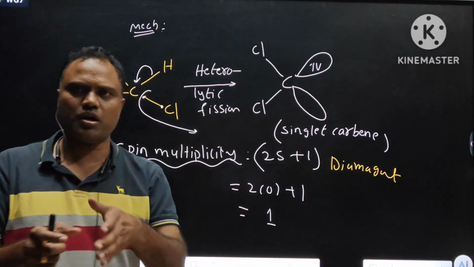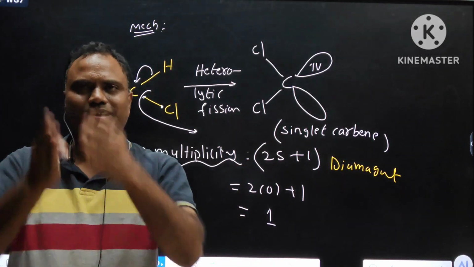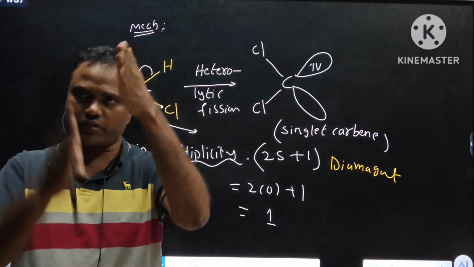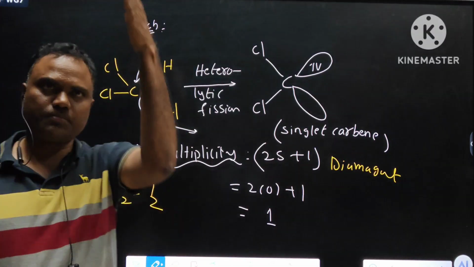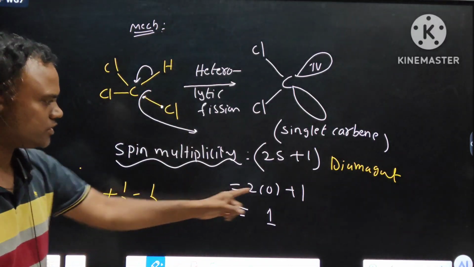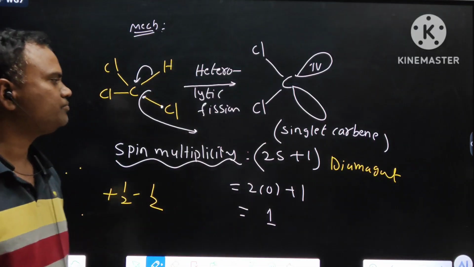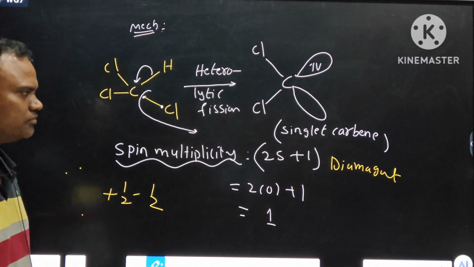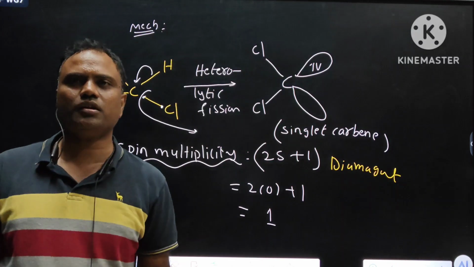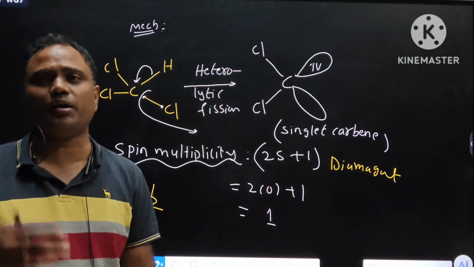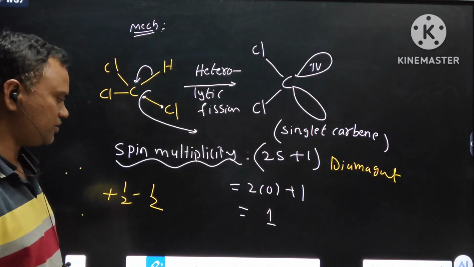You know, in a single orbital, two electrons do not lie in the same direction. One is clockwise, one is anti-clockwise. One is plus half, one is minus half. Both will cancel. That's why I took 0 here.